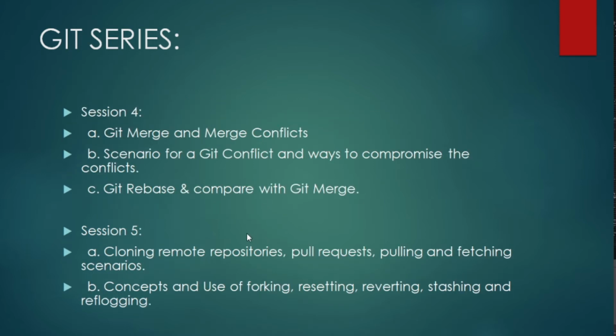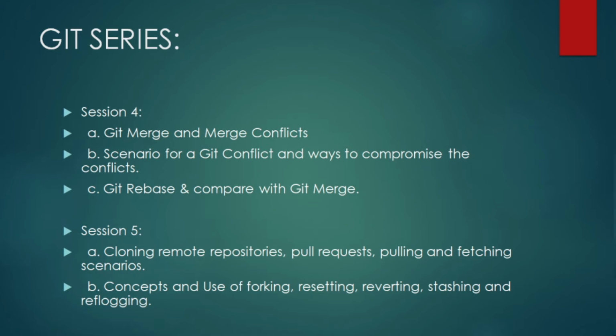In session 4, we're going to learn about Git merge and merge conflicts. I might sound like I'm talking Chinese to you right now, but you'll get through with me as we progress. We'll see a scenario for a Git conflict and ways to resolve conflicts, what Git rebase is, and how it compares with Git merge.